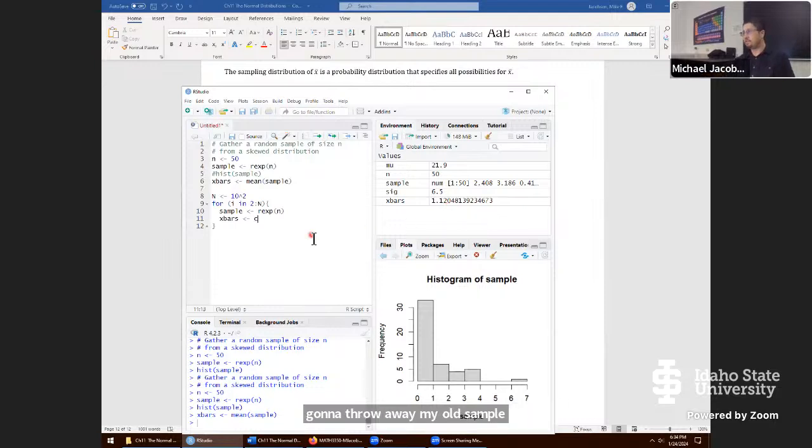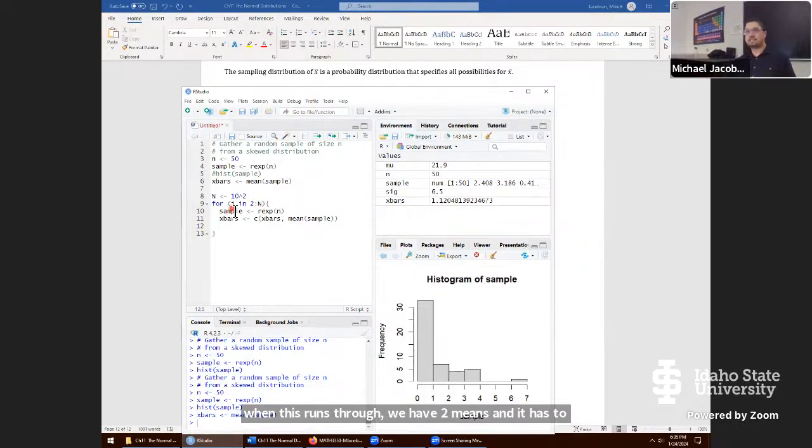So instead, use the operator c to combine the prior sample mean, that one, with the new one. So here's the prior mean from right up here. The next mean, we'll just literally write in that statement, mean of the sample. So now when this runs through, we have two means, and it has to keep on going.